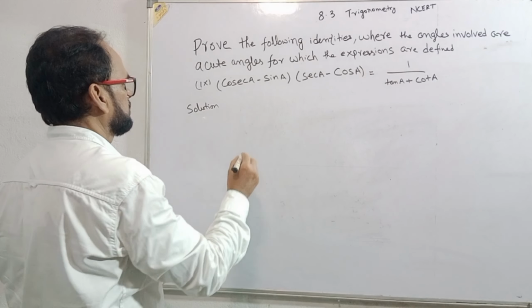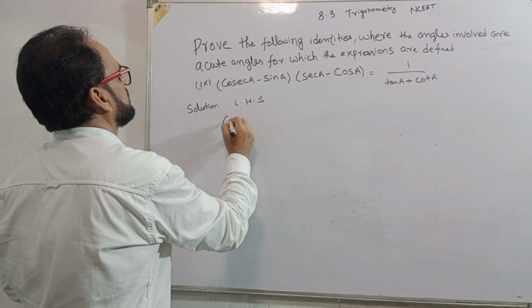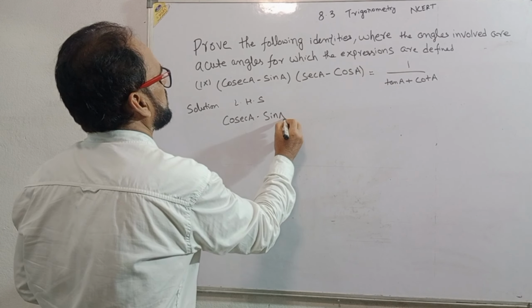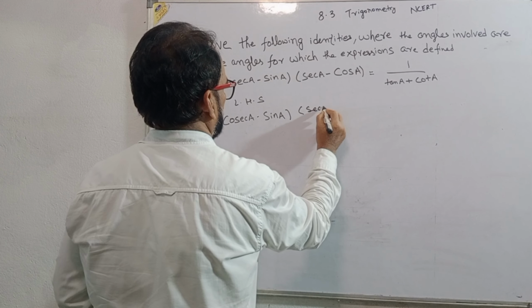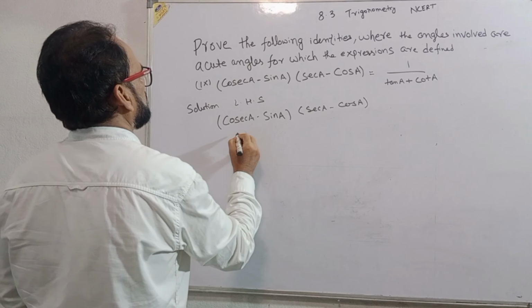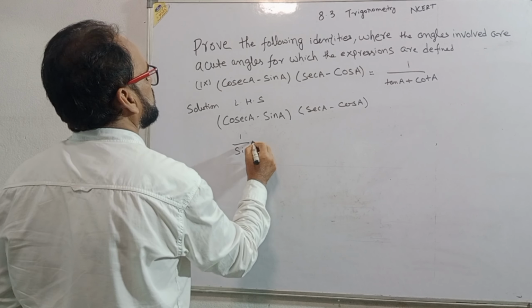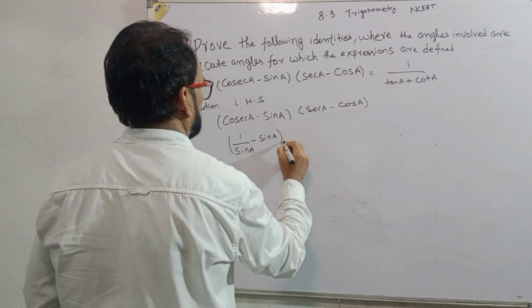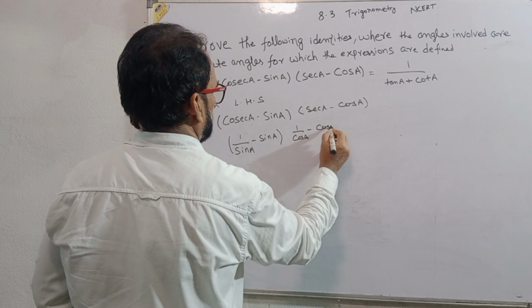Here LHS: cosec A minus sin A, sec A minus cos A. 1 by sin A minus sin A, 1 by cos A minus cos A.